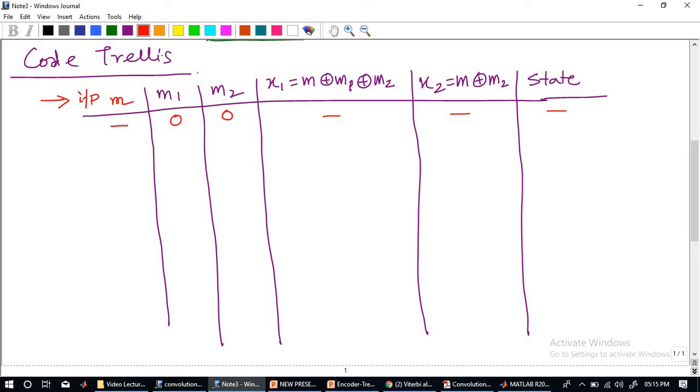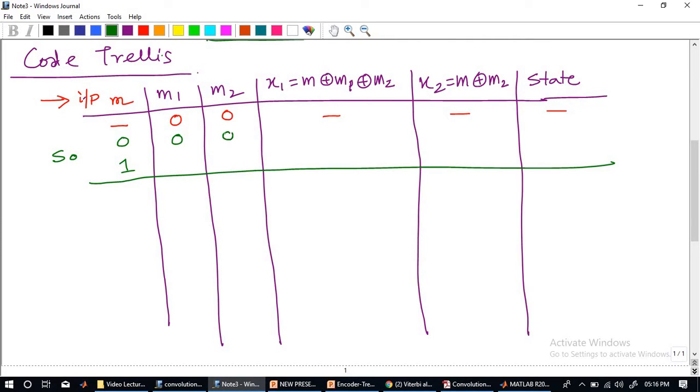Okay. Now we will go one by one. Let's have a sequence where the elements have come as 0 and 1. What happens to the register content and the output when a message 0 comes in? So your content will be 0, 0.